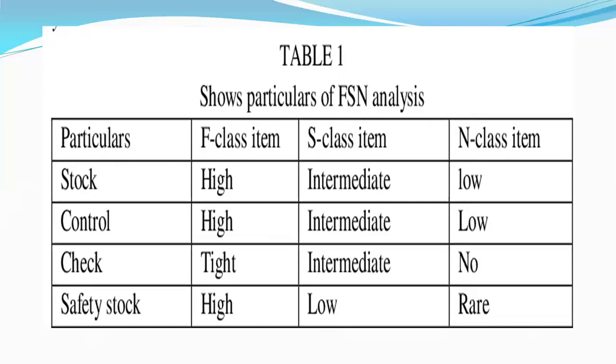Then check: we have to take care of F class items very much, high, then S class items intermediate, and N class items no check at all, because these are rarely used, non-movable items. Then safety stock: high, intermediate, and low.